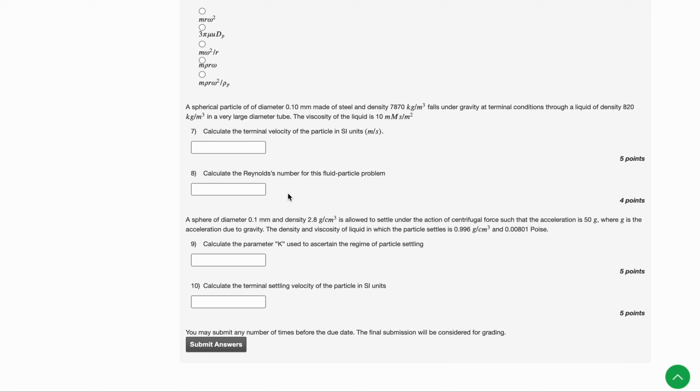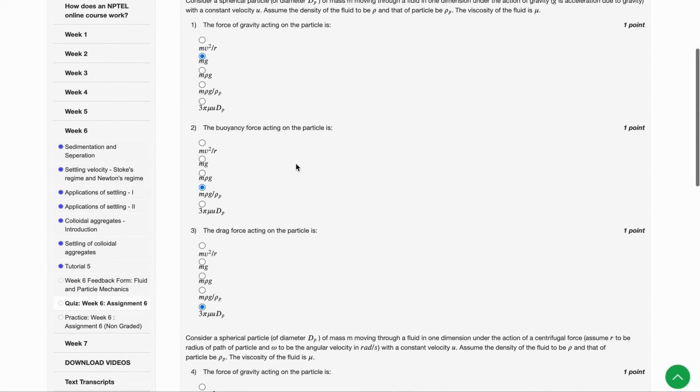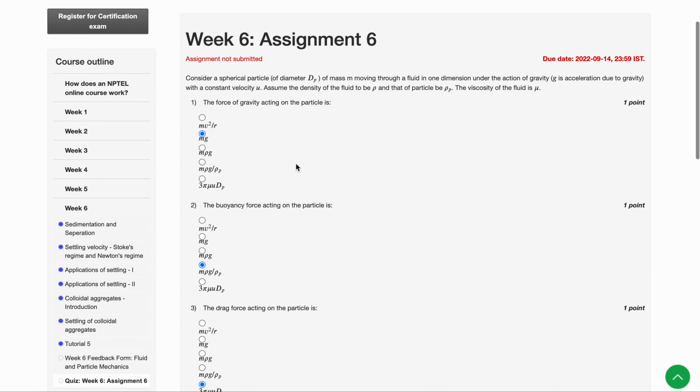Question 1, the answer is mg. Question 2, the answer is m rho g divided by rho p.